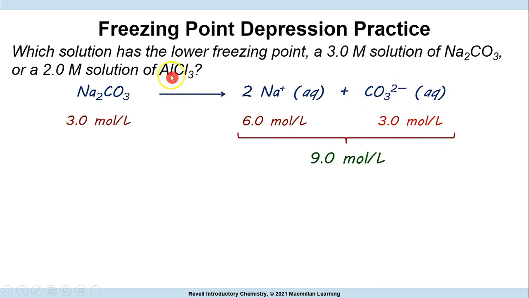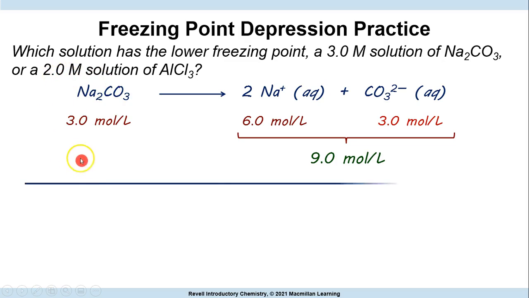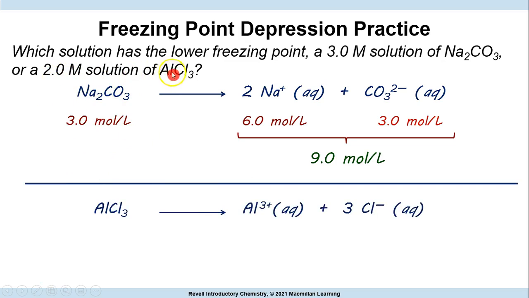Now let's look at aluminum chloride. For aluminum chloride, the concentration is 2 molar. So for 2 molar aluminum chloride, it is going to break down to give us 1 aluminum plus 3 chloride ions. So for the 2 molar, it's going to give us 1 times 2, which is 2, for the aluminum ion, and for chloride, it's going to be 3 times 2, which is 6.